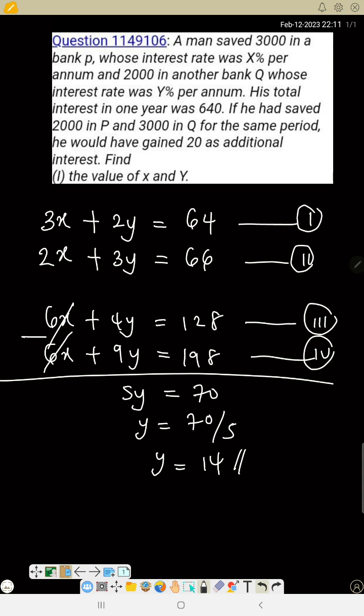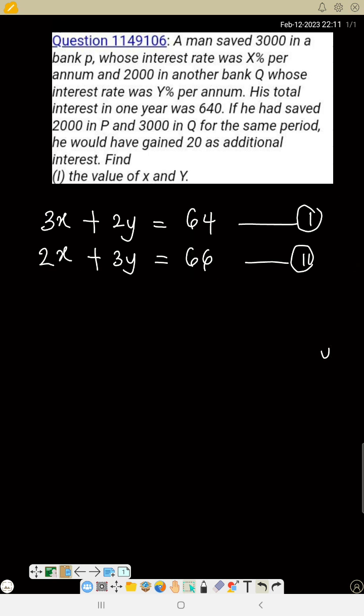So now we have known y. Now that you know y, we can find x. So substitute back in any of the equations to find x. So y is 14. So anywhere you see y, put 14.